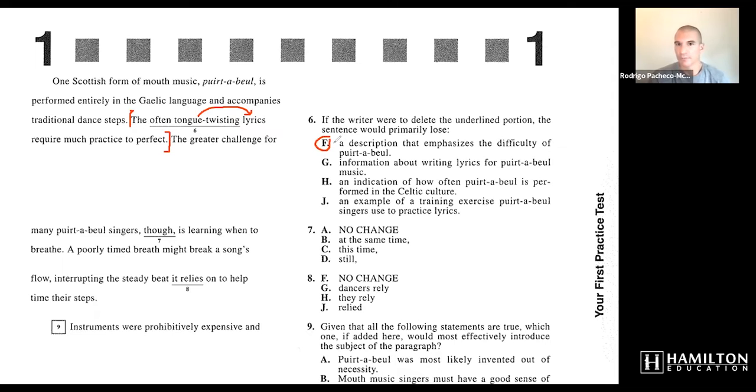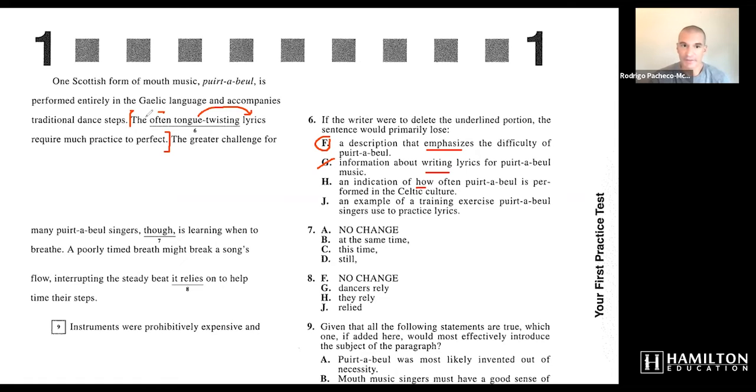It tells us that we would lose a description that emphasizes, that's what a modifier might do, the difficulty of this type of mouth music. We see that G suggests that we would lose information about writing lyrics, and there's nothing here to suggest that this is about writing. We can eliminate G. H, an indication of how often this is performed in the Celtic culture.